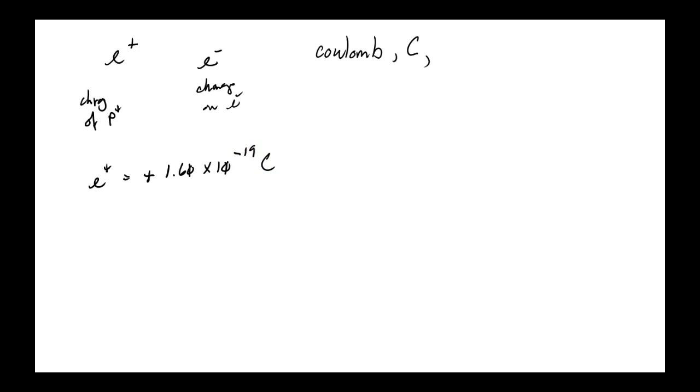Now, a coulomb we can measure. With most of our equipment, yeah, we can measure a coulomb of charge. But you see, a single electron or proton charge is so incredibly tiny.